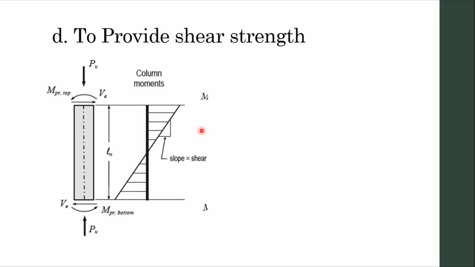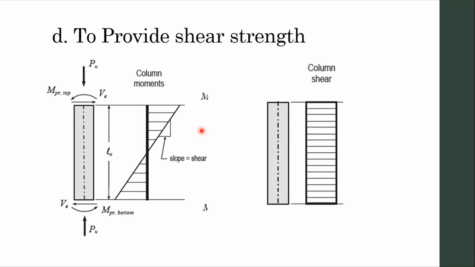So, magpo-create ng mga plastic hinges dyan, di ba? So, yung transverse reinforcement is to provide shear strength. So, this is our column shear. So, magpo-provide niya ng shear strength yung dun sa may ends ng column natin. So, to protect.